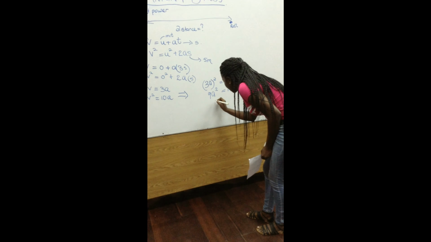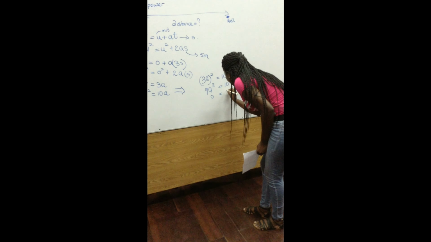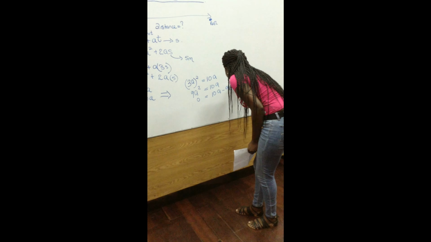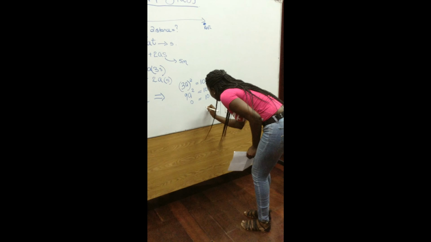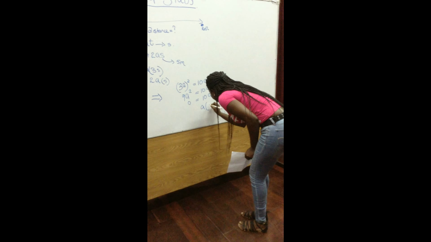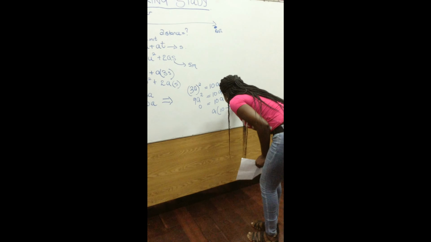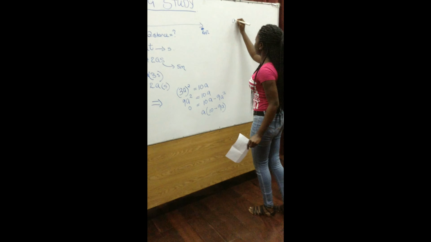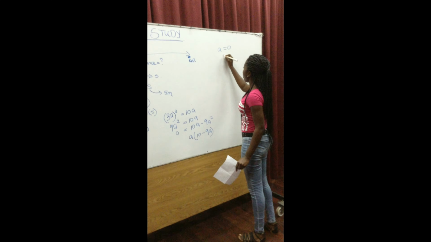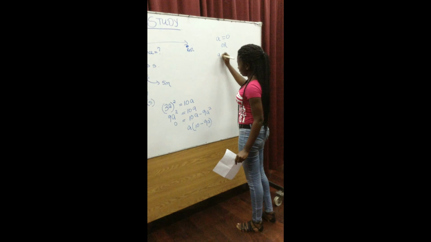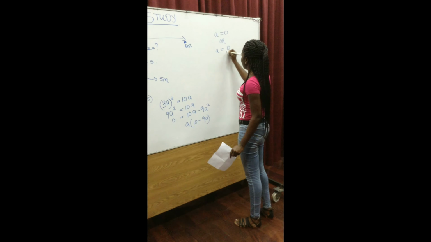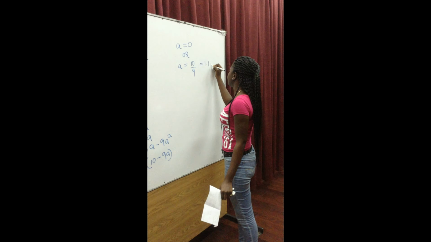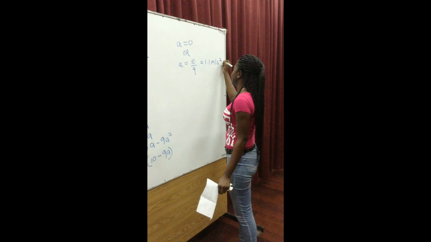So therefore, 0 is equal to 10a minus 9a squared. Factorize. a is equal to 10 minus 9a. This denotes that a is equal to 0 or a is equal to 10 over 9, which equals 1.1 meters per second squared.